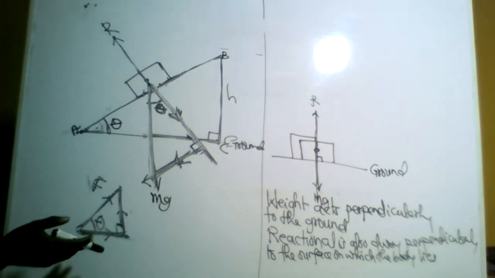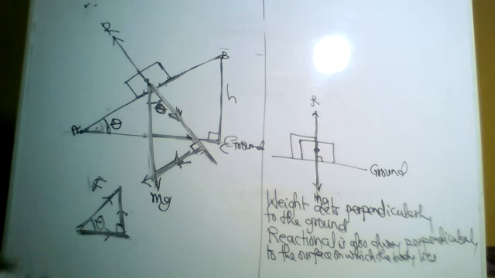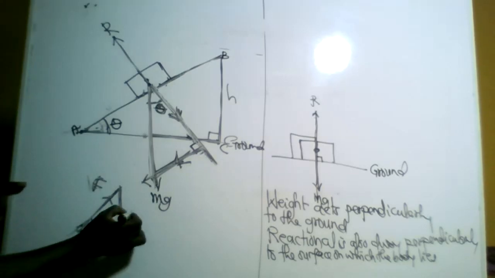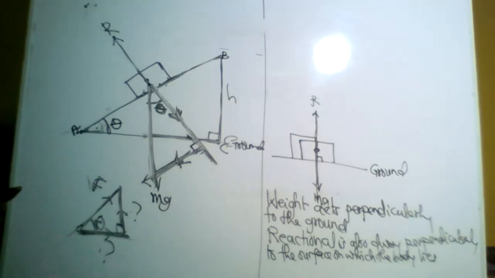Sir, can we use the resolution of forces into components? Can we use the SOHCAHTOA method? That's the same thing you have to use. You have the hypotenuse, you have the angle. You are looking for the opposite, you are looking for the adjacent. So that's what you have to use. You are not applying what you've learned.